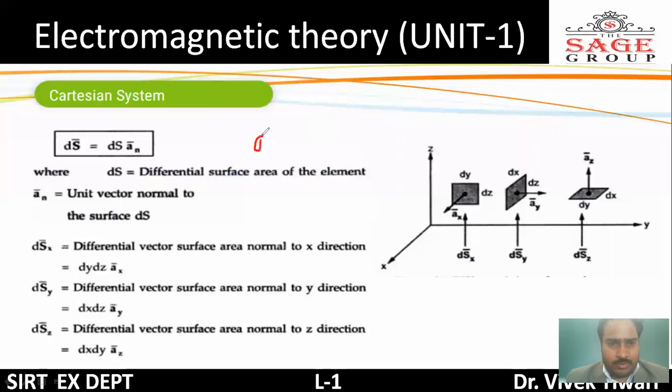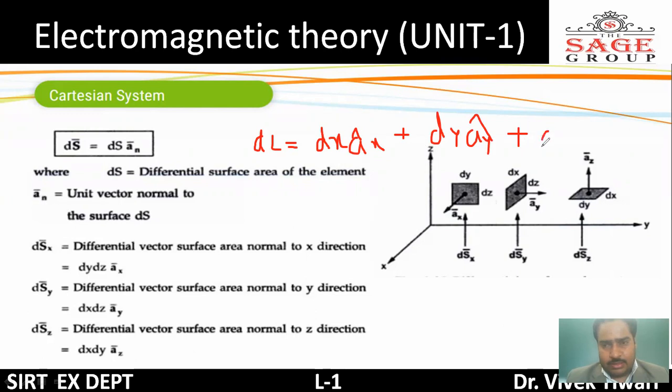If we have dl, dl means dx ax plus dy ay plus dz az. Once we find the differential length, we can calculate ds in a direction.